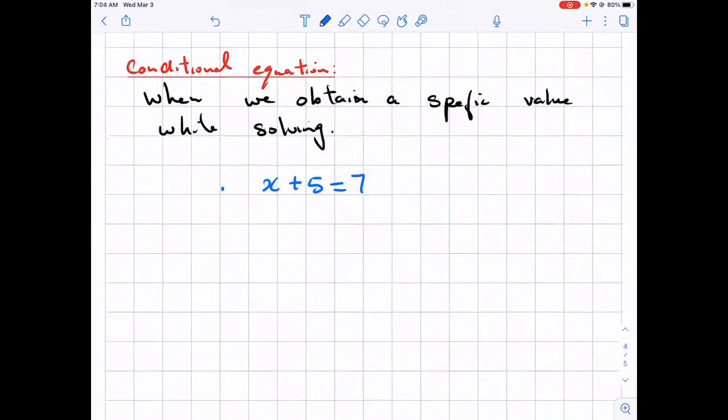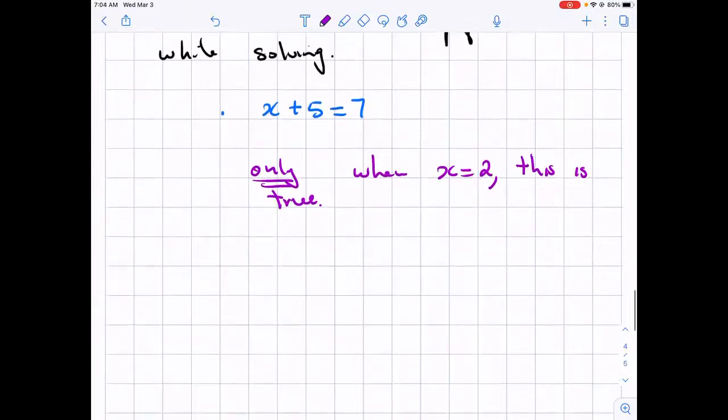In this case, only when x is equal to 2 is this true. No other value will make this true. Another example is if I have x squared plus 7x plus 12 equals 0.